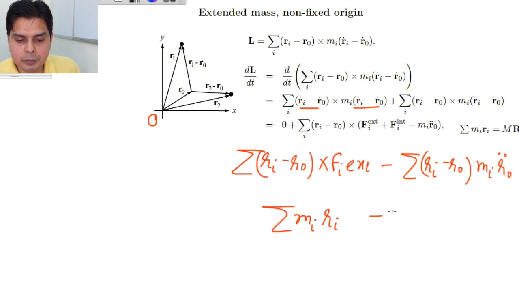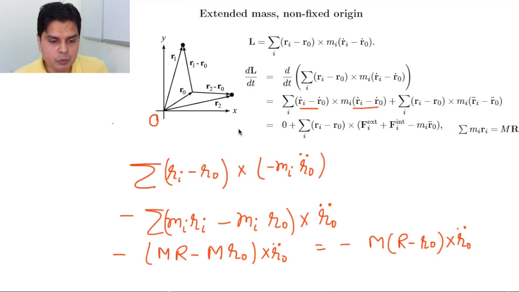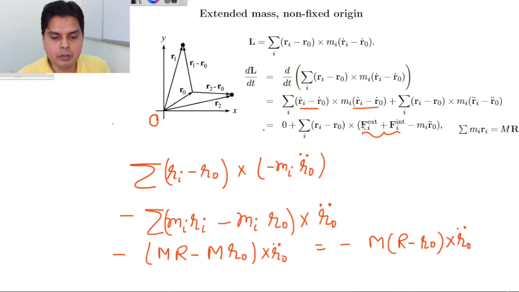So this Mi Ri I can write as capital M R, where R is the center of mass. So you see what I have now: when you expand Ri minus R0 cross this thing, this Fi internal will become 0, so I am not worried about these two things. Let's expand this thing multiplied by this thing.